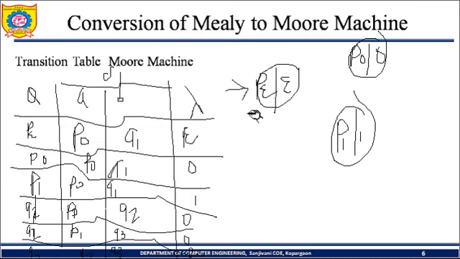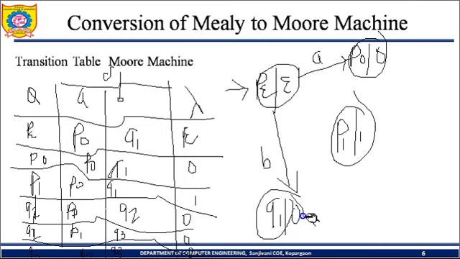So P epsilon after reaching A will be in P0. After reaching B, it will be in Q1, and Q1 is a 0 output state. So Q1 with 0 output state.